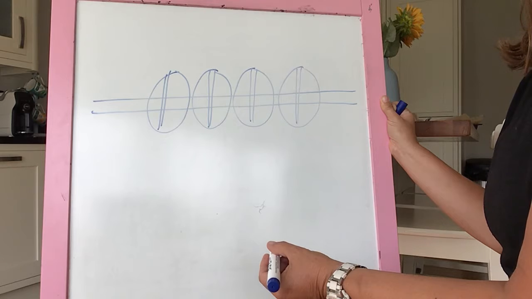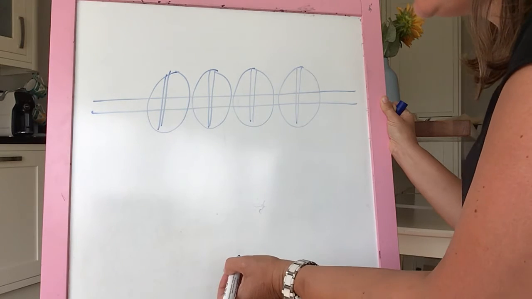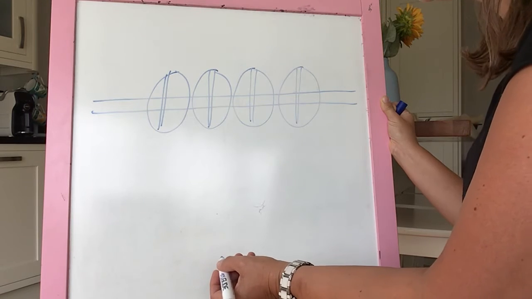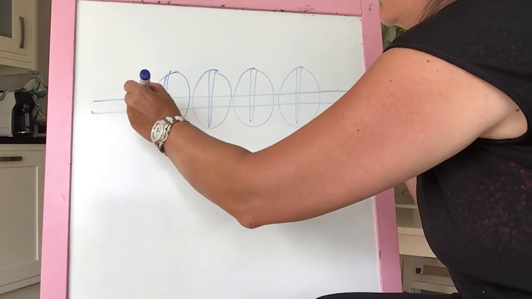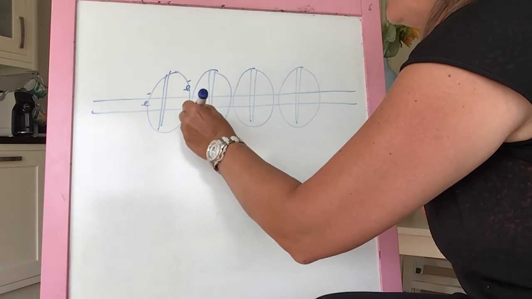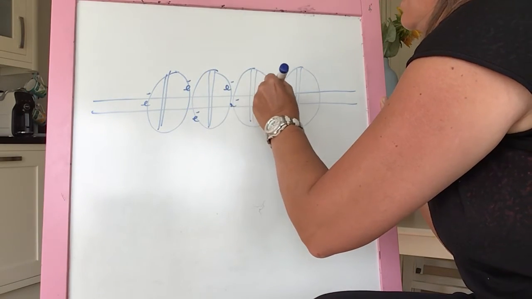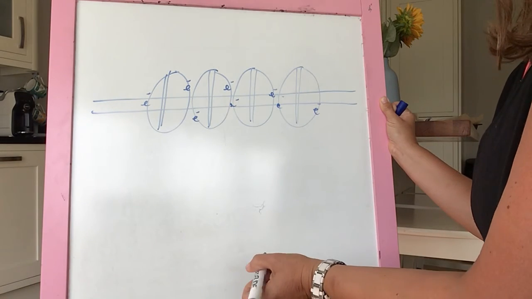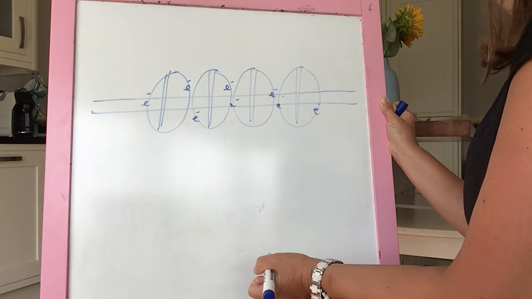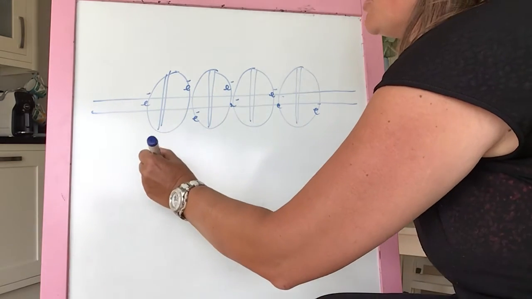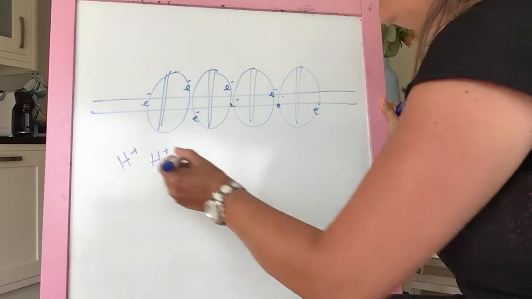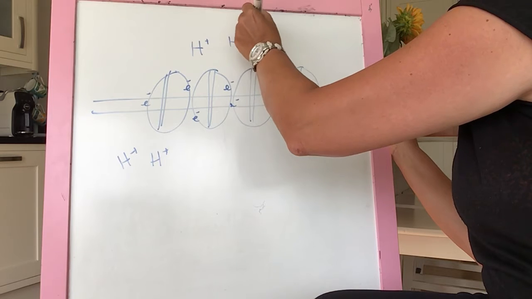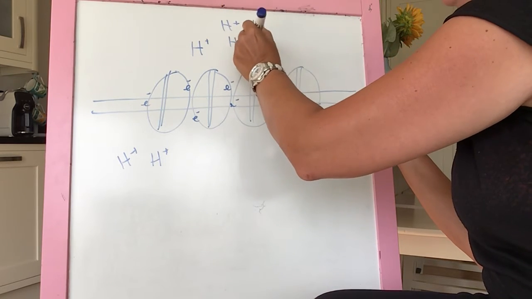NAD and FAD, reduced NAD and FAD are oxidized, so they drop off their hydrogen atoms which split, and the electrons jump onto the electron transport chain and they move from one protein to the next, and that produces a little bit of energy, which then allows the protons or the hydrogen plus ions to be pumped into this intermembrane space.